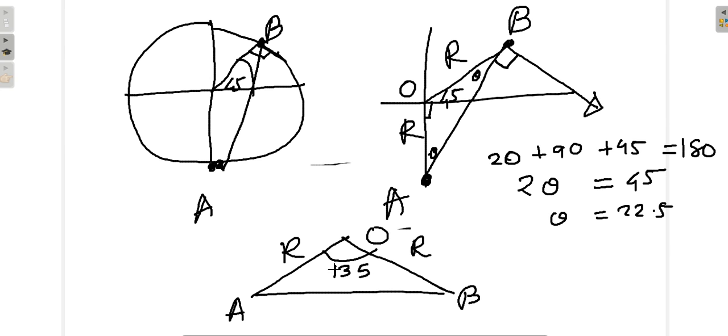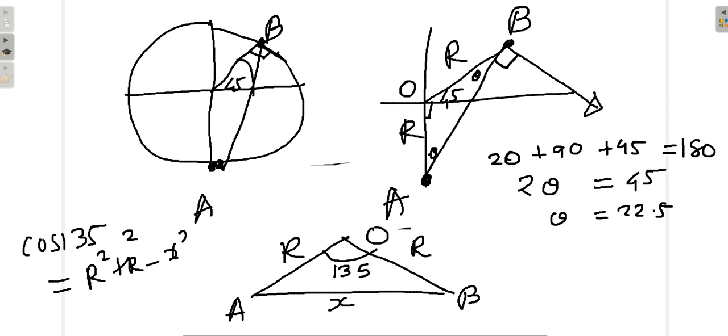So what is cos 135? Suppose this is X. According to the cosine rule, cos 135 will be b square plus c square minus a square, that is r square plus r square minus x square, upon 2 times r into r, that is 2r square. Cos 135 is cos of 180 minus 45, and cos of 180 minus theta will be minus cos theta, so this will be minus 1 by root 2.